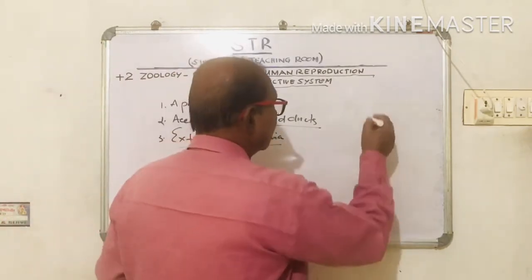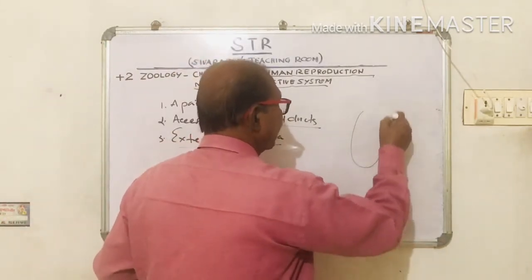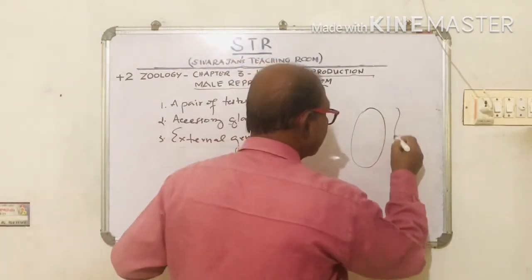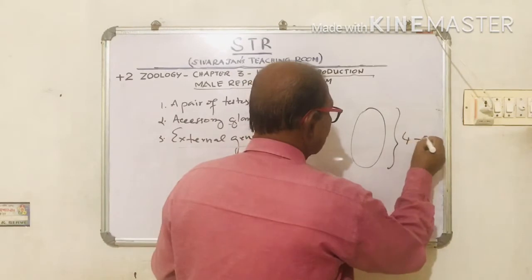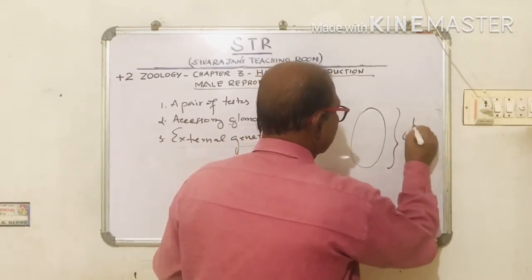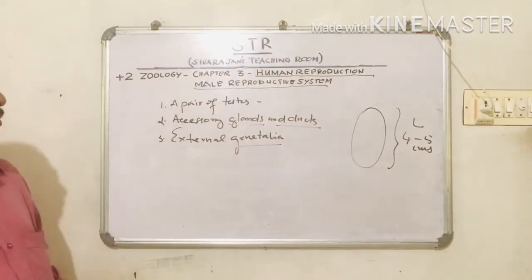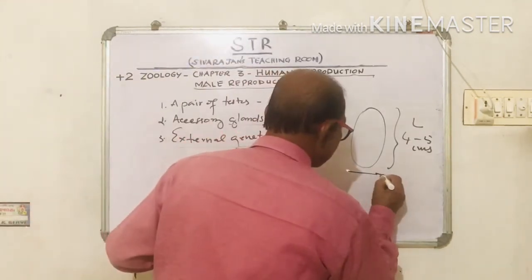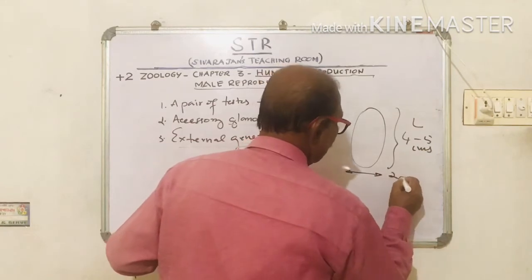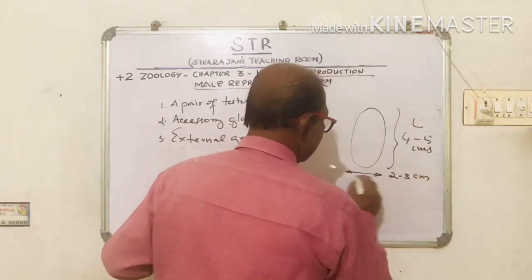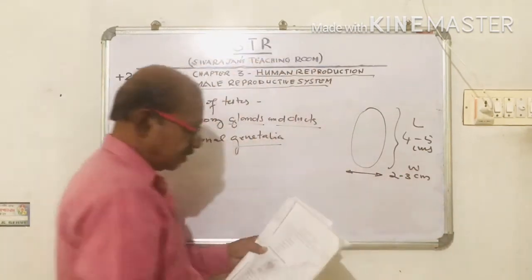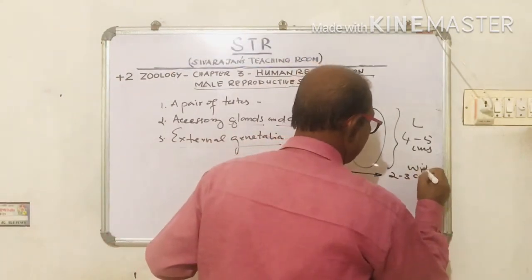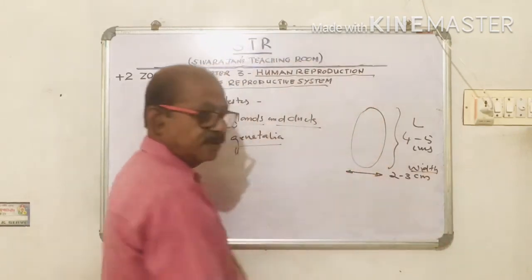So testis is an oval organ which has a length of 4 to 5 centimeters, a width of 2 to 3 centimeters, and a thickness of 3 centimeters.